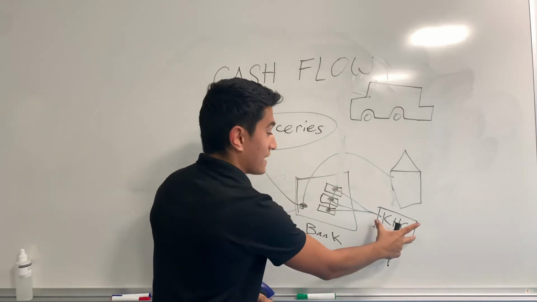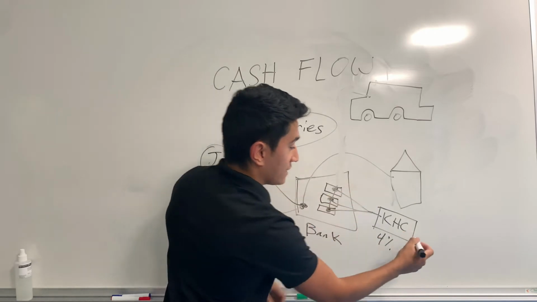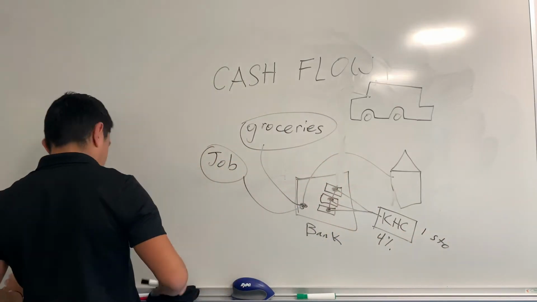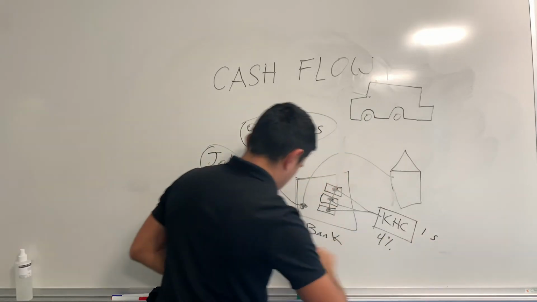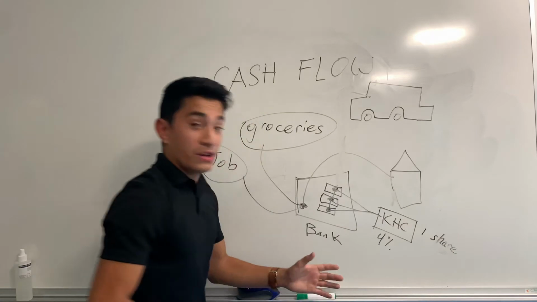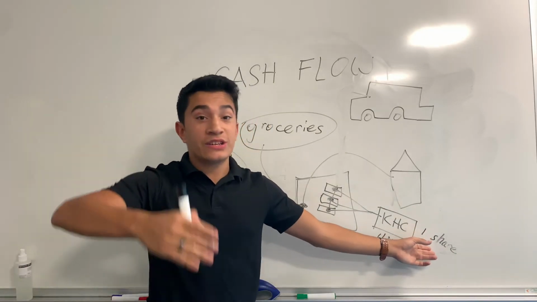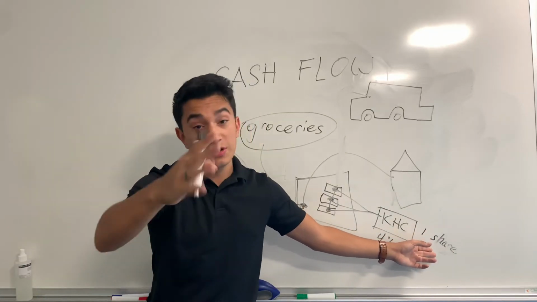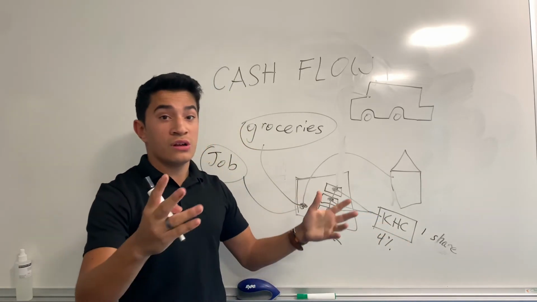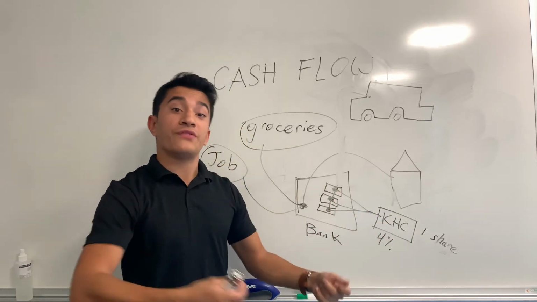So we've acquired this asset. The asset is one share, and it's going to produce income, an income of 4% of the money that you invested, or as we call it, the principal of your investment.